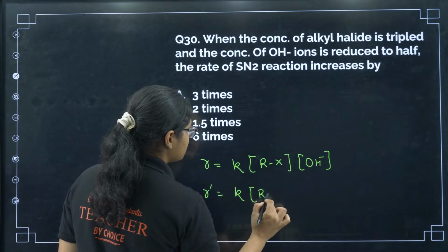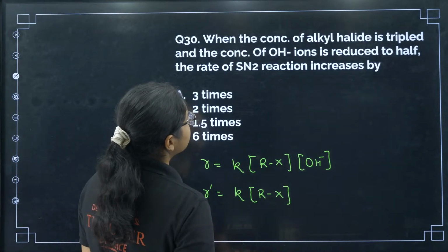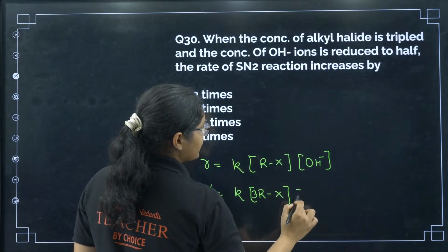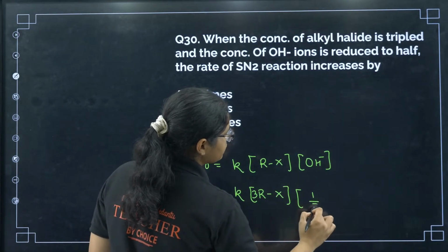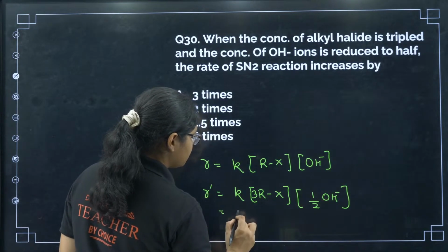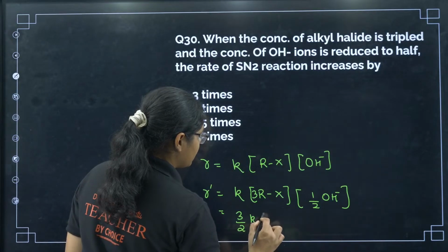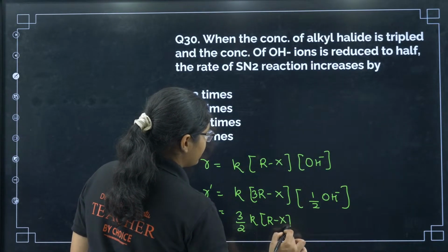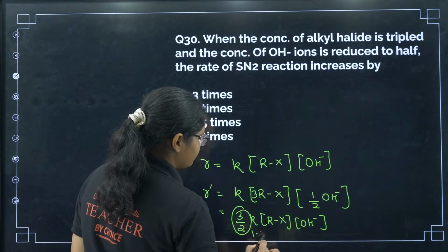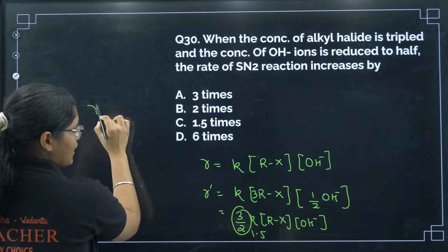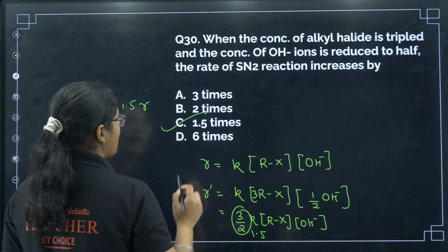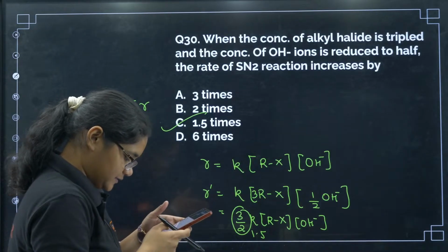The Rx, the haloalkane concentration, has been tripled, right? 3 times of Rx, and OH minus is reduced to half. So now it will become 3 by 2 K into Rx and OH minus. So this will become 1.5. So I can say that R dash is equal to 1.5 times R. So the correct answer will be option number C. Yes.